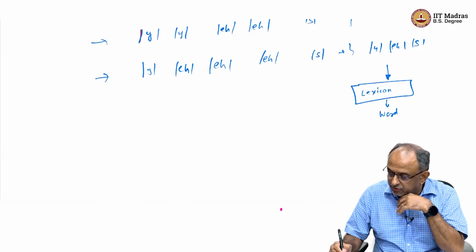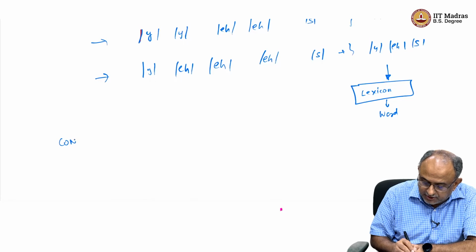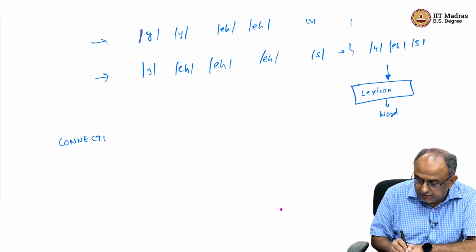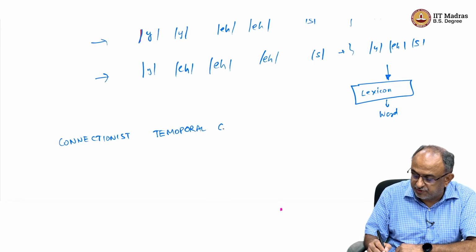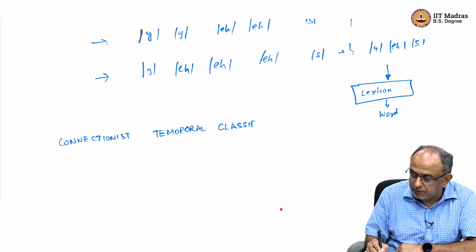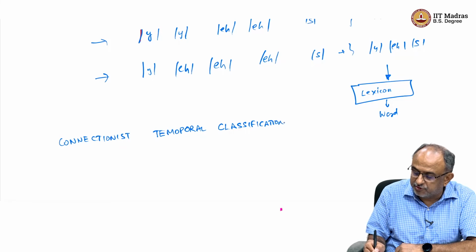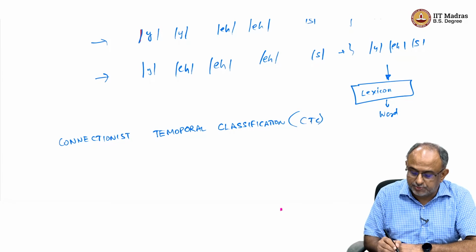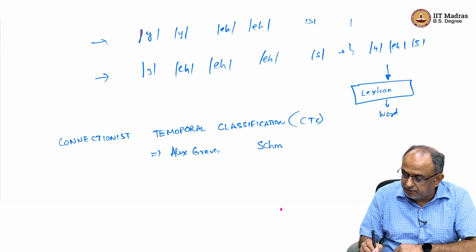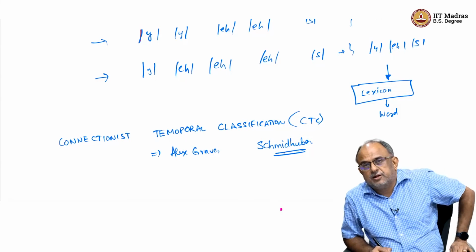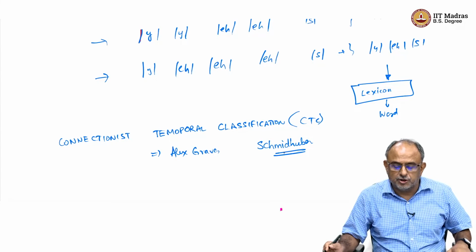So, this is the basic idea of connectionist temporal classification, or CTC, okay. This was proposed by a person called Alex Graves, and his PhD advisor is Schmidhuber, okay. We will see that Schmidhuber has done many important contributions.